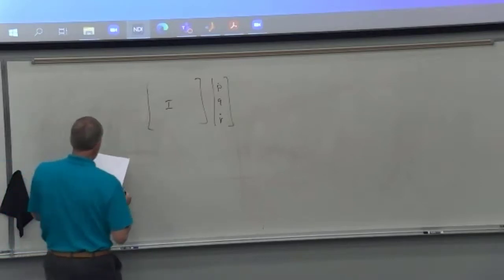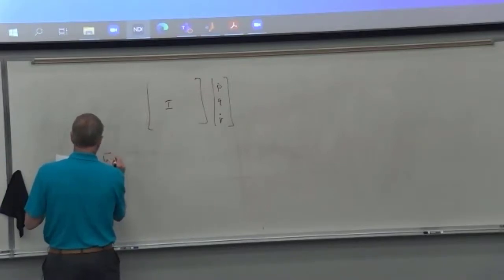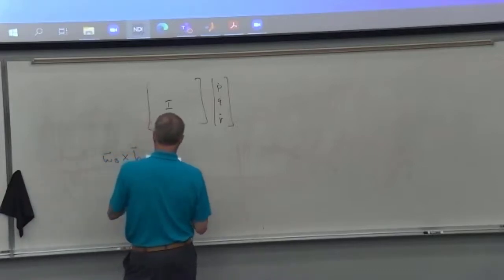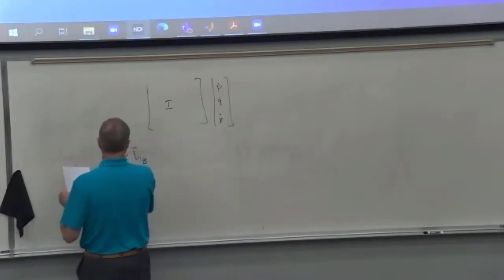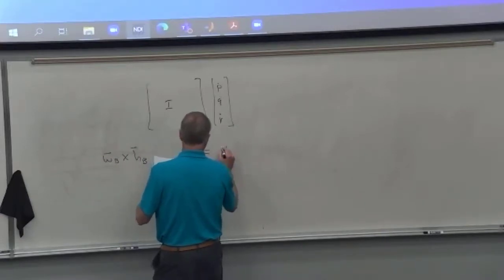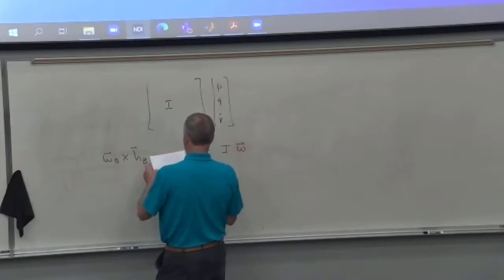And then the hard part is doing this cross product. So you're taking omega b cross hb, but hb is I omega, right?